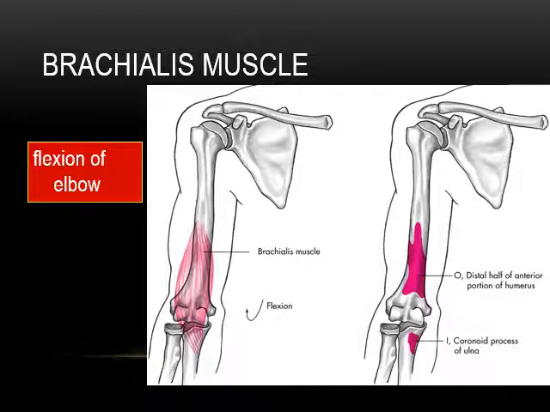The brachialis, because of the way it lines up across the elbow joint and the fact that it originates on the humerus and inserts on the ulna, which is the more stable bone of the elbow joint, is going to pretty much work no matter what position the forearm is in.